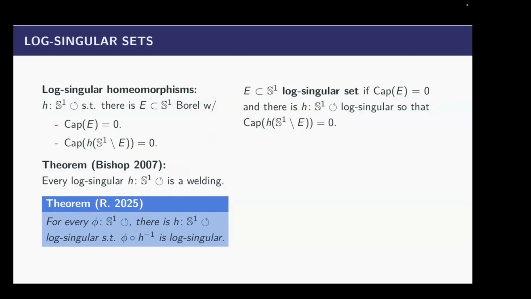Let me just make a quick remark, which is that log singular sets cannot be closed. And that is because if they were closed, then the complement is open, and the image of an interval is always an interval under a circle map, so they would have positive capacity.